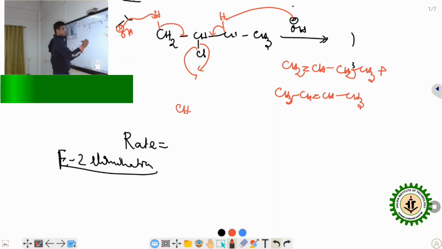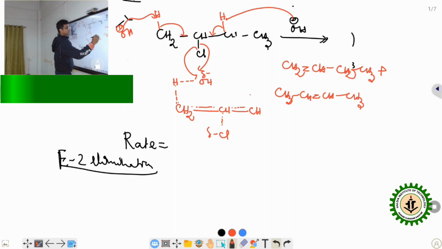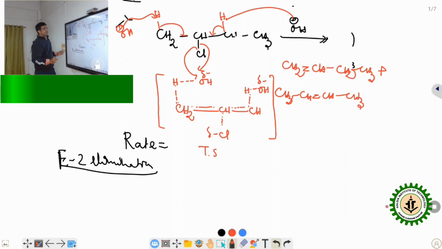You see that this is the transition state of the E2 reaction.